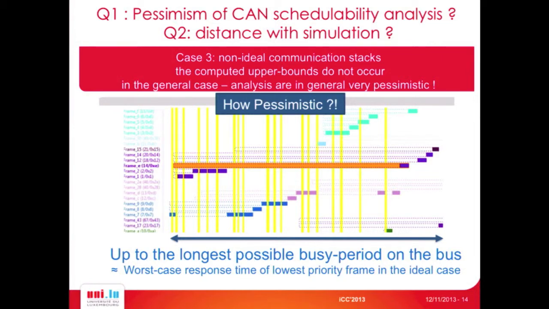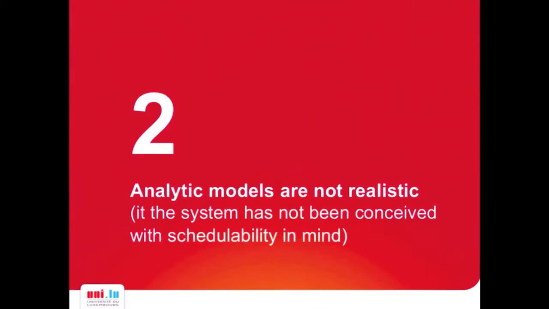So the pessimism can go up to the longest busy period on the bus, which is the worst case response time of the lowest priority frame in the ideal case. Just to illustrate that as soon as we are away from the ideal case, accuracy is much less.